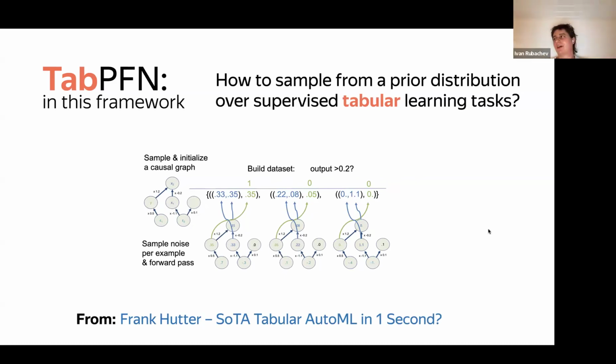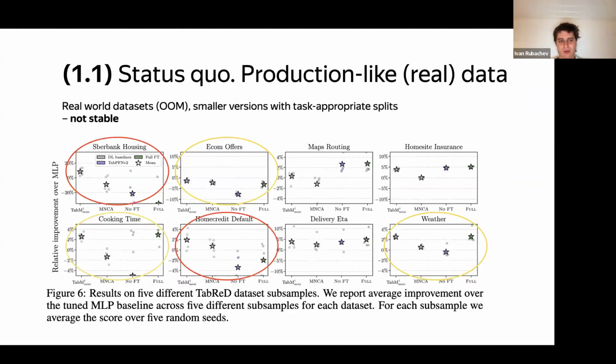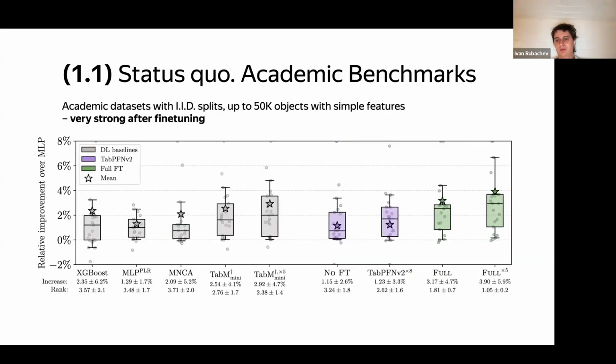Yeah, I can start. We have actually seen something mildly interesting on smaller-ish data sets. There was this result on this subsample of this Beerbank housing dataset, where we have no fine-tuning, averaging minus 20% over MLP. And then when we do fine-tuning, it goes even worse than that. And there was even another dataset, which is not on this plot, but it is the lowest one here in this plot.